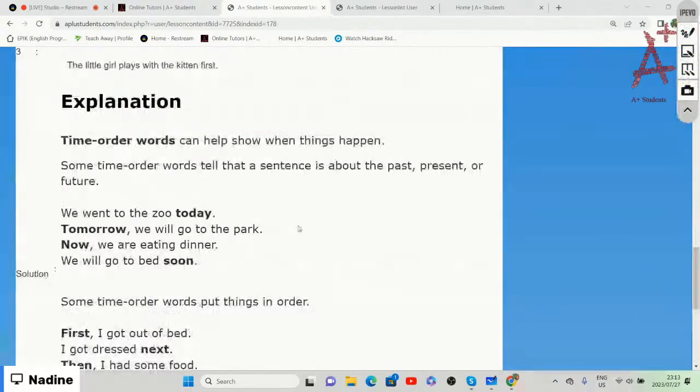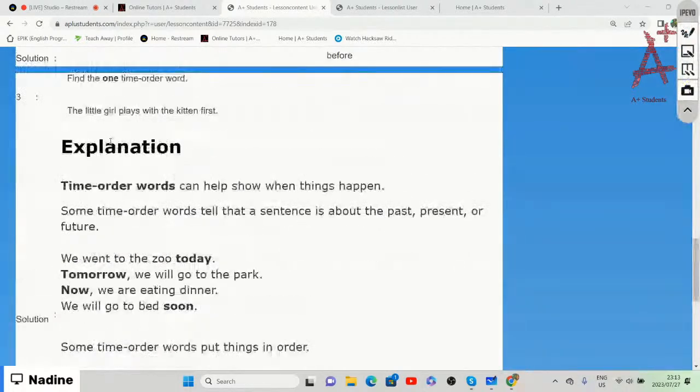The little girl plays with the kitten first. We need to select the time order word within that sentence. The little girl plays with the kitten first.